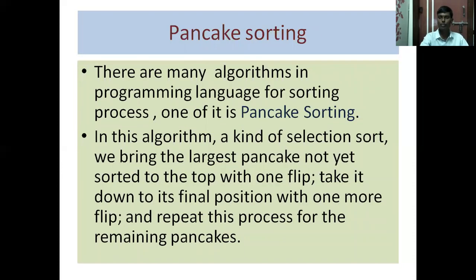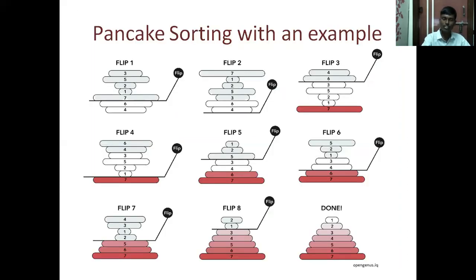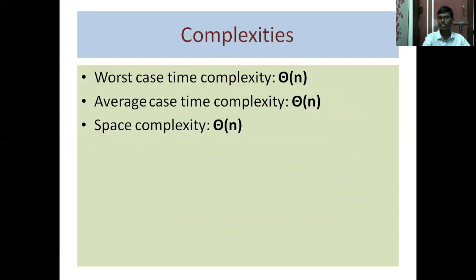So we are implementing the selection sort, moving the largest pancake not yet sorted to the top with one flip, then taking it down to its final position with one more flip, and repeating this process for the remaining pancakes. As I explained the whole list in the diagram, this is the definition of pancake sorting. So these are the complexities which I said before: worst case time complexity, average case, and space complexity.